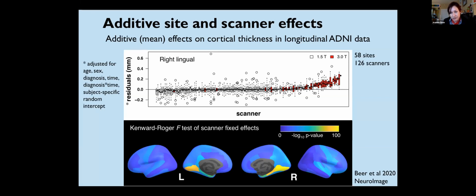Here in this picture, these are colored by the field strength. It's known that higher field strength yields greater cortical thicknesses. And at the bottom, there's a picture of where in the brain we saw these most prevalent additive effects in this ADNI data set.